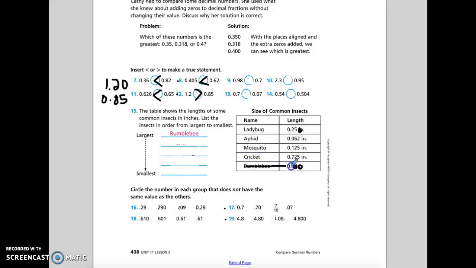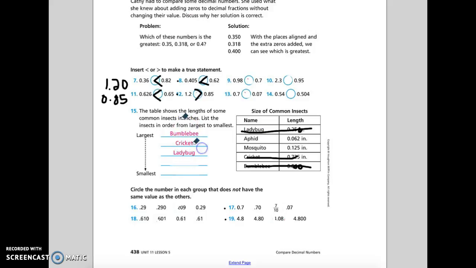I did the bumblebee. All right, now I'm going to go back and I'm still looking at those tenths. 2, 0, 1, 7. Which one's the next biggest? You said cricket? Good job. The cricket is the next biggest bug. All right. Then we keep going. 2, 0, 1. Well, 2 is bigger than 0 or 1, so the ladybug would be my next one.